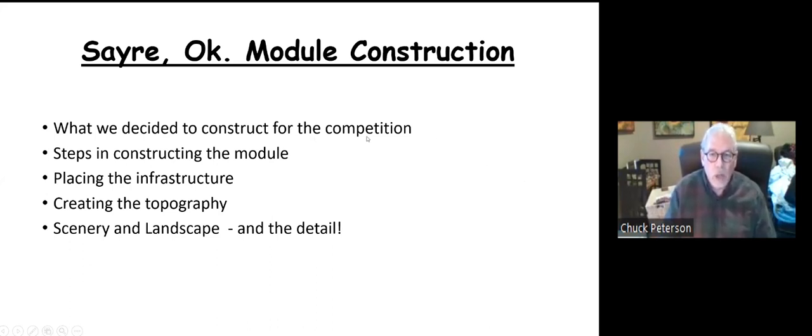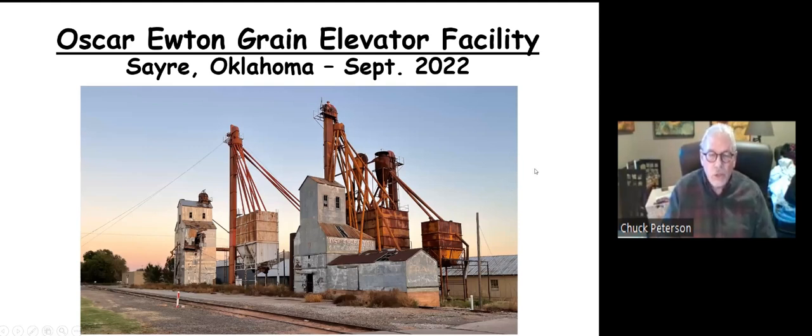Anyway, we talked a little bit about what we decided to construct, the steps in constructing the module, placing of all the infrastructure that we had on the module, creating topography and the scenery and landscape detail. This is a picture of the Oscar Eaton grain elevator out in Sayre, Oklahoma.